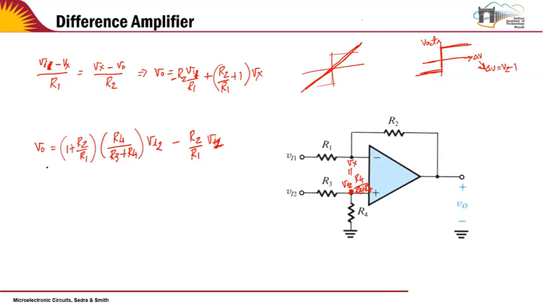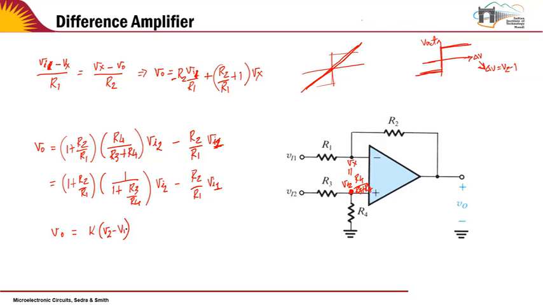So now you can rewrite this equation as 1 plus R2 over R1 times 1 by 1 plus R3 over R4, Vi2 minus R2 over R1 Vi1. Now if I want this to be a difference amplifier, then essentially what I want is V0 should be equal to some constant times V2 minus V1.